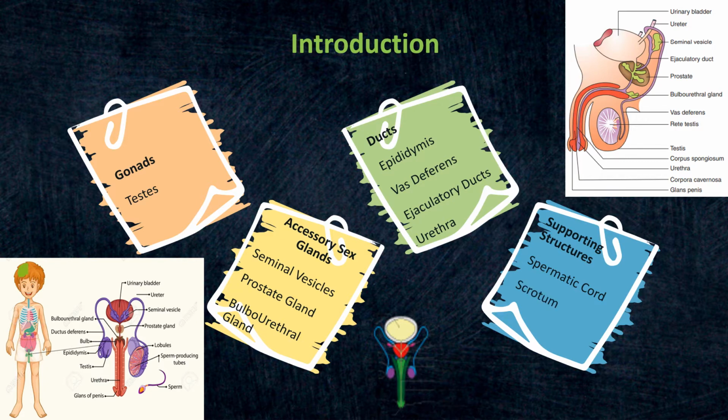The scrotum is a cutaneous fibromuscular sac which has testis, epididymis, and the lower ends of the spermatic cord. Then the penis, it is the male copulatory organ, and it is a common outlet for the urine and also the semen.